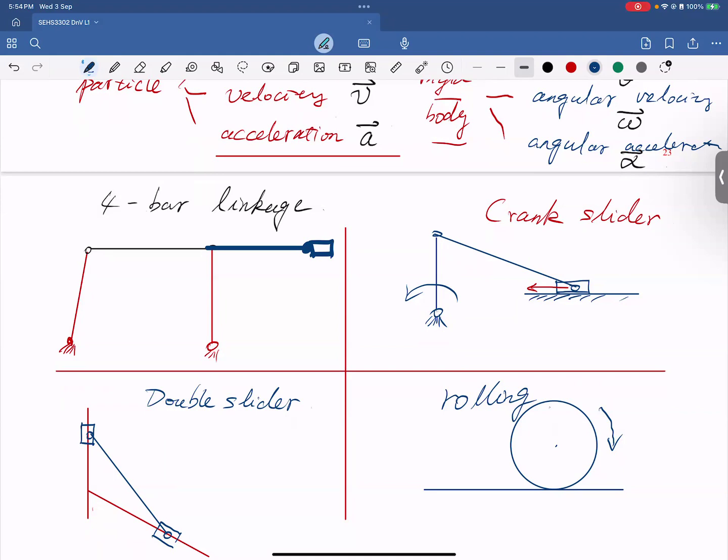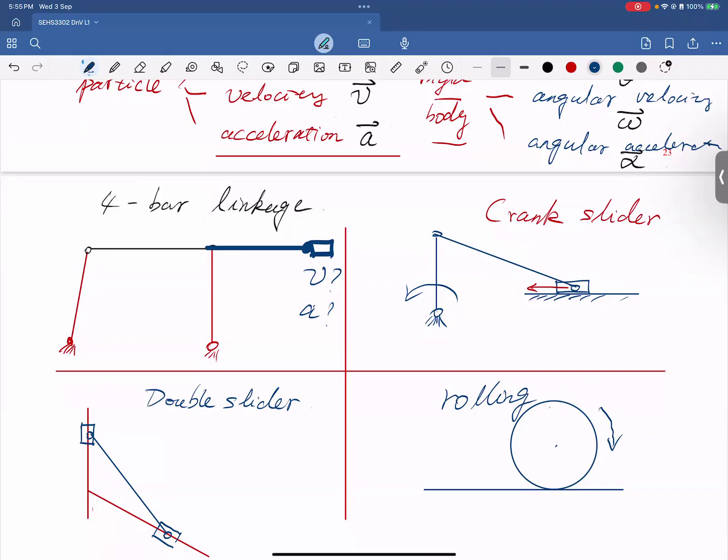When we know the structure's dimensions, you can calculate at a specific position the velocity and acceleration of this particle. And the motion of such a particle comes from the rigid bodies, right?